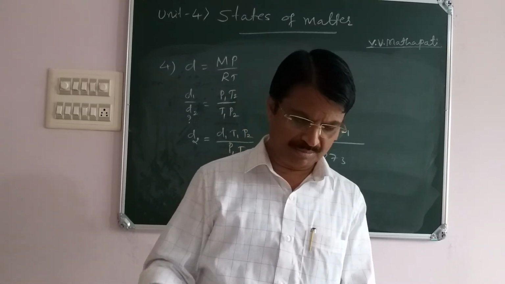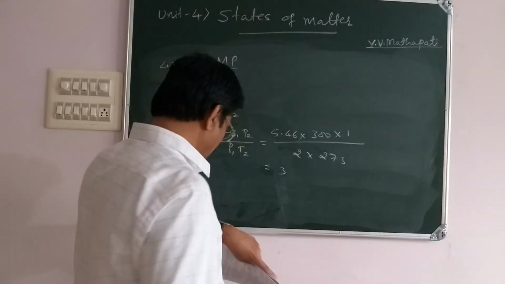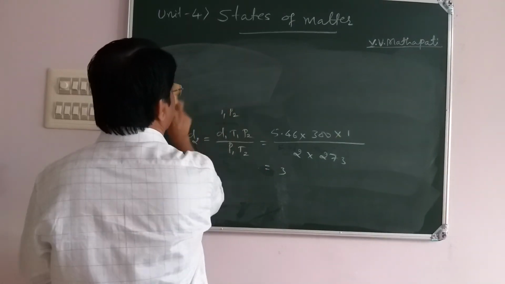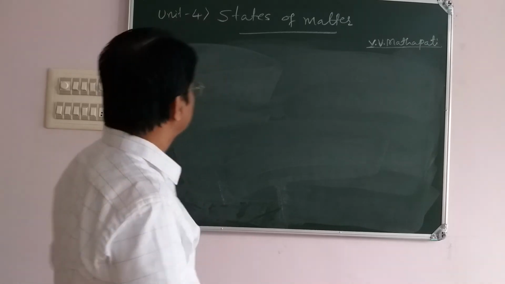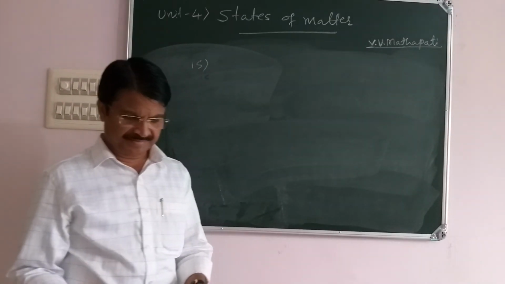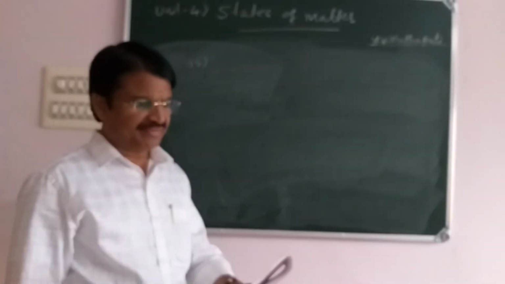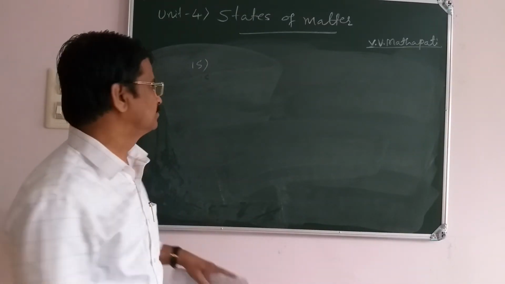Then question number 15 is an interesting question. 0.5 mole each of hydrogen, SO2 and methane are kept in a container.